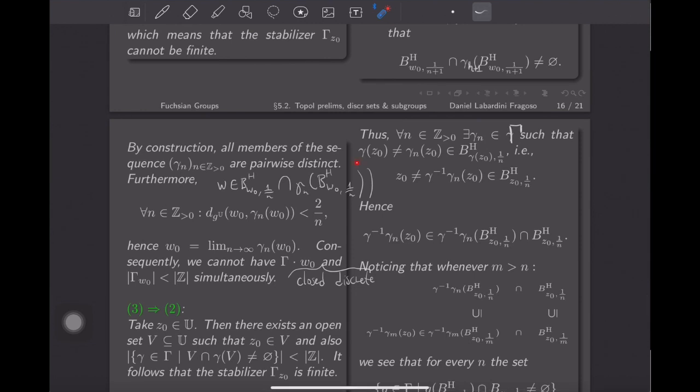Okay, and then if I apply gamma inverse, here I obtain Z naught, here I obtain gamma inverse of gamma n of Z naught.